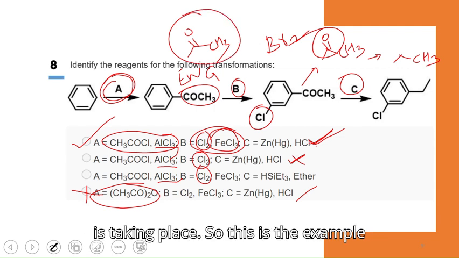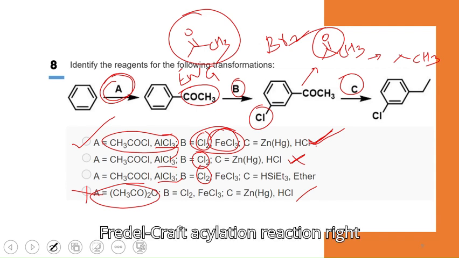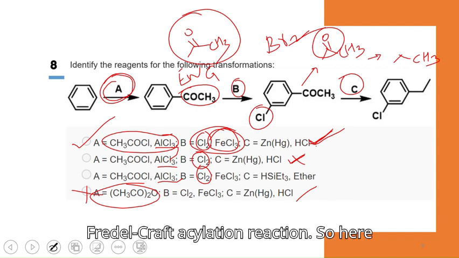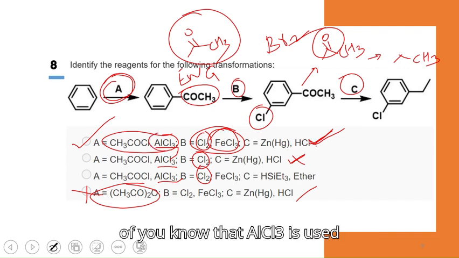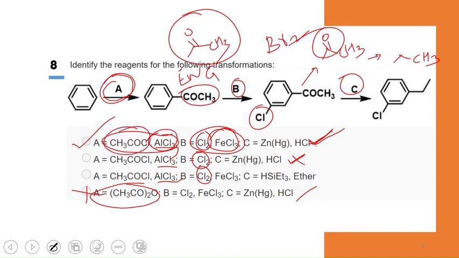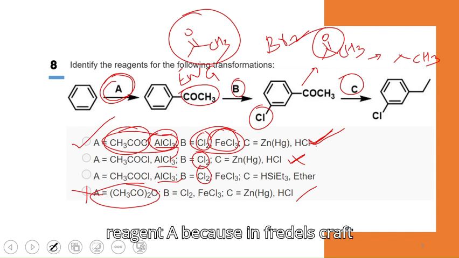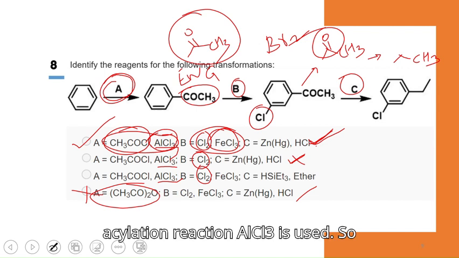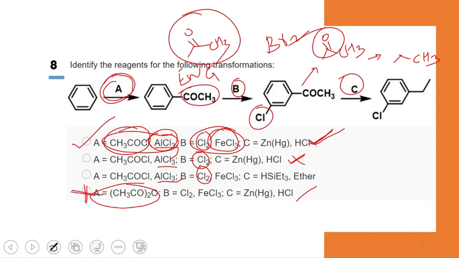This reaction is known as a Friedel-Crafts acylation reaction. For Friedel-Crafts acylation reaction, all of you know that AlCl3 is used along with the acyl group. So this is the combination for reagent A, because in Friedel-Crafts acylation reaction AlCl3 is used. So option D is already ruled out.